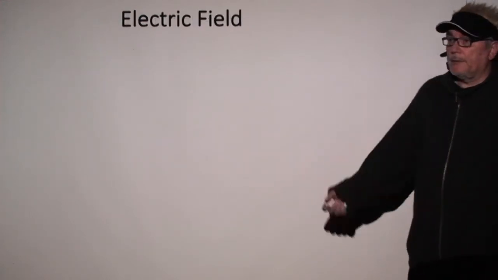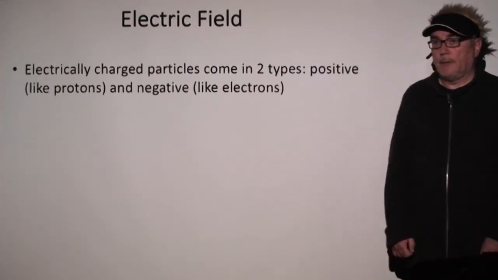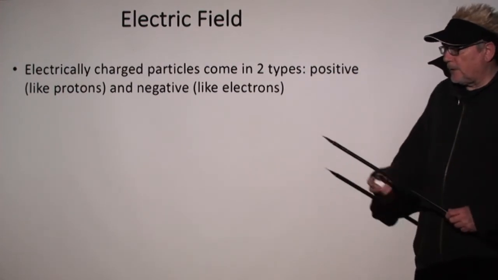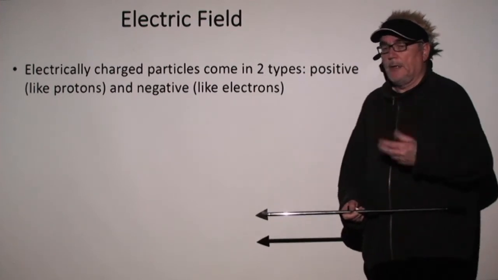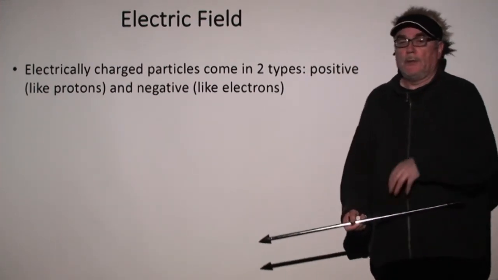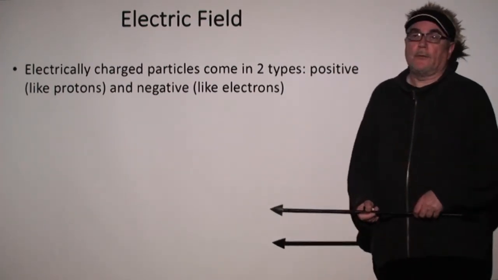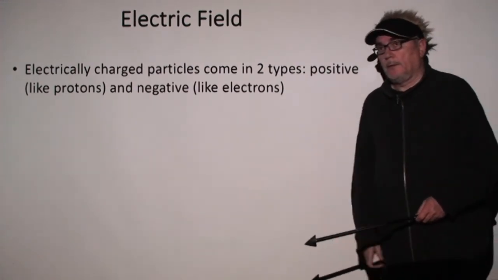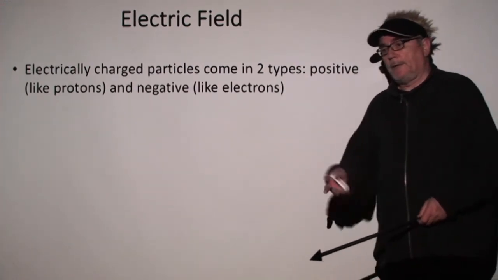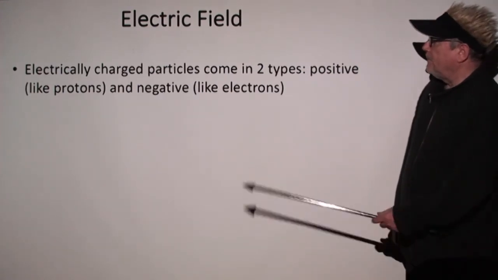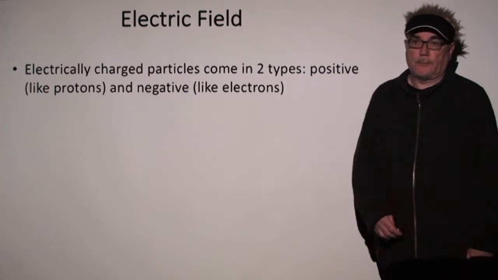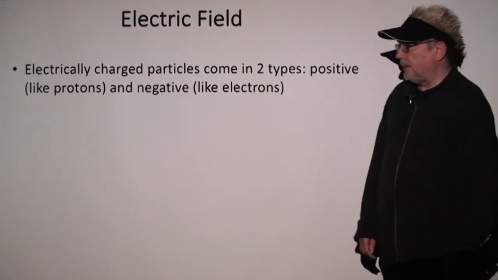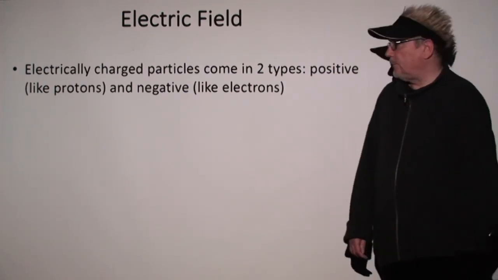Now, the other type of field that I want to talk about is the electric field. That's when we discovered that matter was made out of atoms themselves, made with protons, neutrons, and electrons. I'm talking about the 19th, 20th century. There were some charged particles called electrons for the negative part and protons for the positive part.